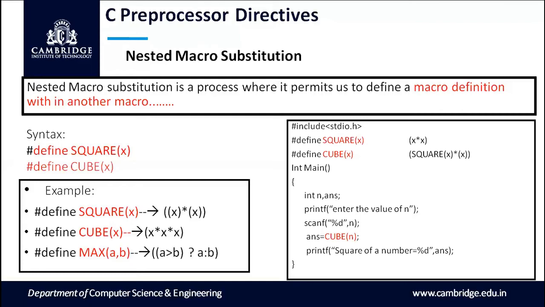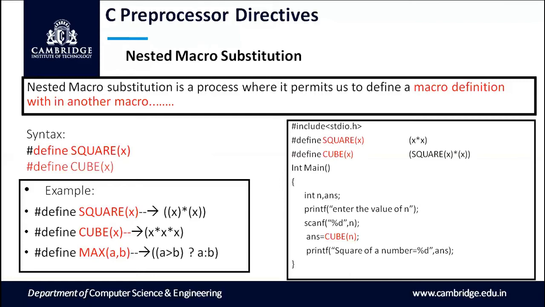So in order to execute my cube of x, I am going with square of x first. The meaning of square of x is x into x. So the value which is there in square of x will be multiplied by one more x. Finally, we'll get the value of cube of x. So this is how the nested macro works. So in my program, I've initialized n, so just replace this n with the value of x only, because x has been initialized in my define.